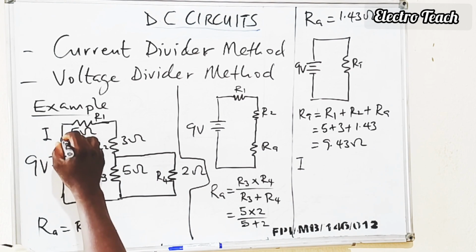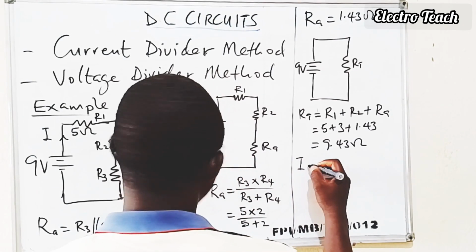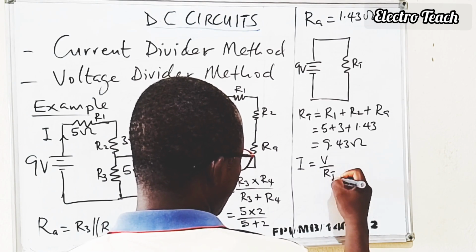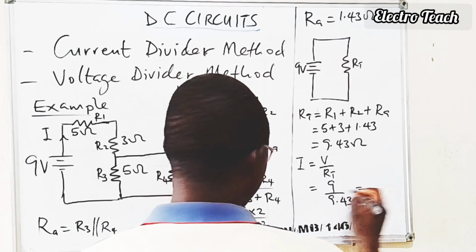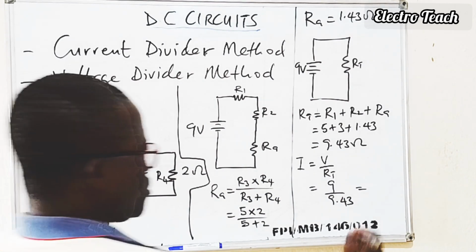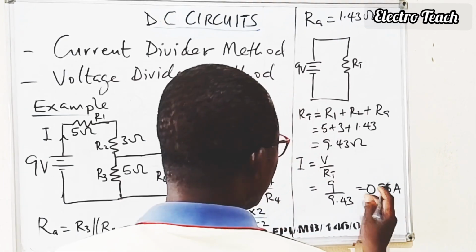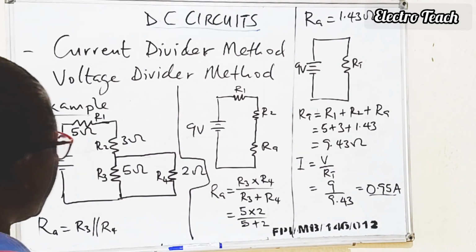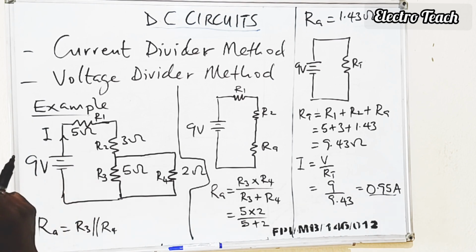Now we can determine the total current I coming out of the power supply as V divided by R total, and that is 9 divided by 9.43, and that gives us 0.95 ampere, and that is the total current in the circuit that is coming out of the power supply unit here.